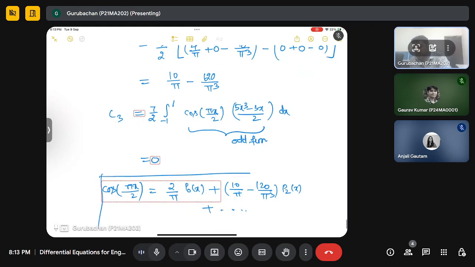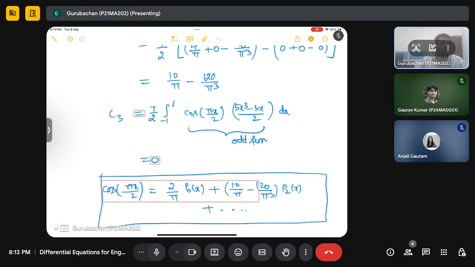There will be only a contribution of these even terms. No odd terms will be involved here.